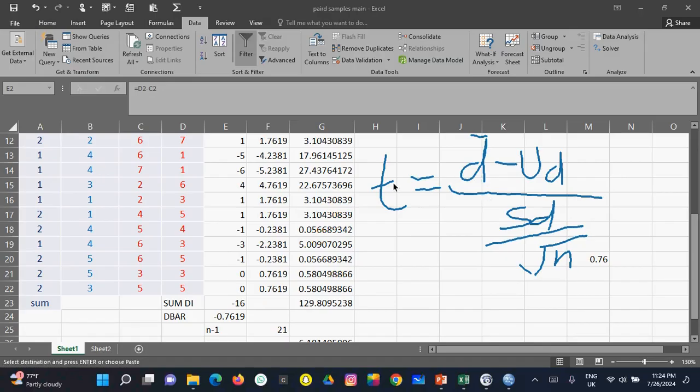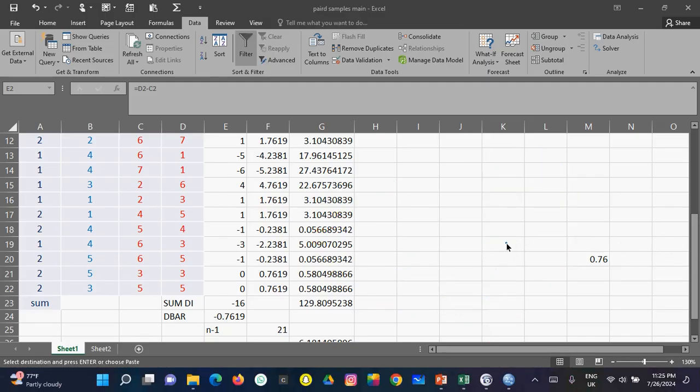The d bar here is equal to summation di all over n. And then SD, now let's talk about SD, the standard deviation.